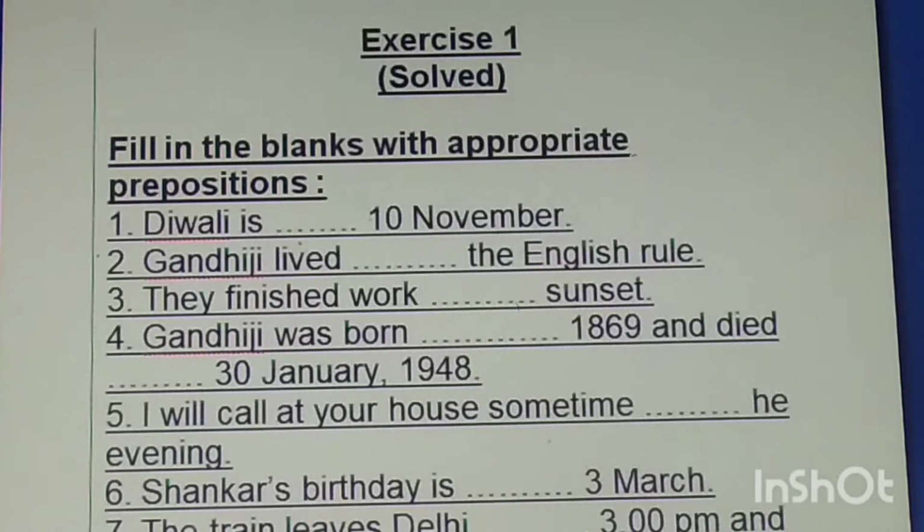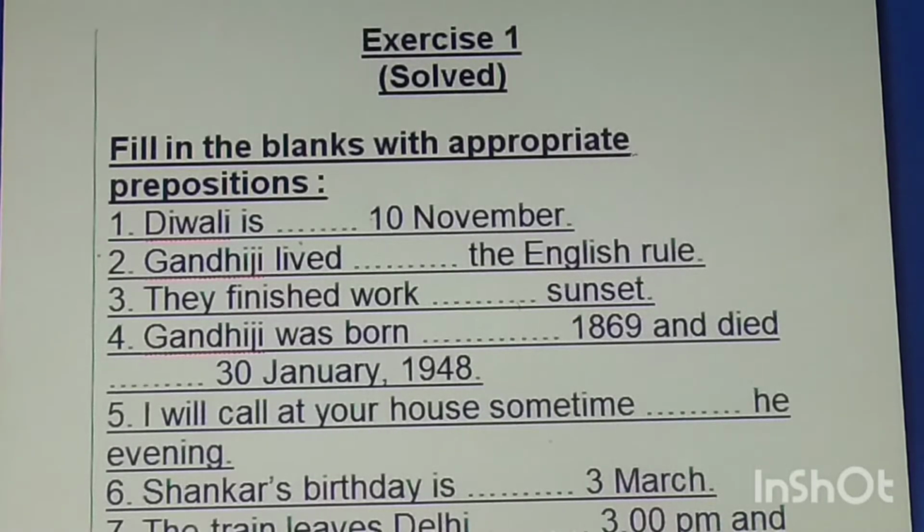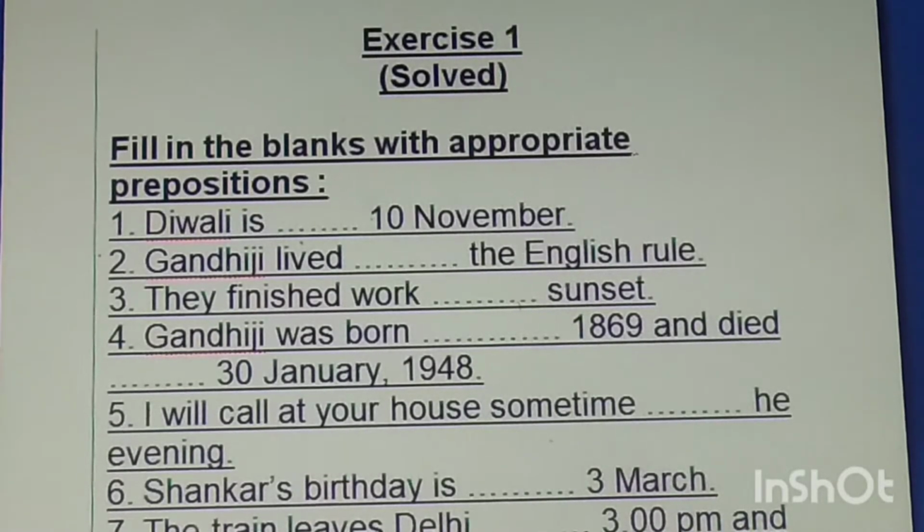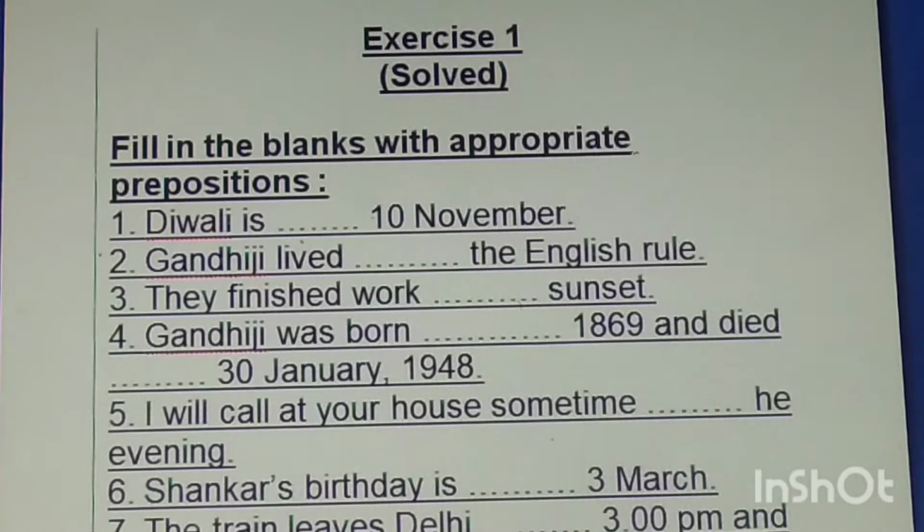Okay, I have an exercise for you. Fill in the blanks with appropriate prepositions. The first question, Diwali is dash 10th November. Second one, Gandhiji lived dash the English rule. Come on, answer these questions, children.